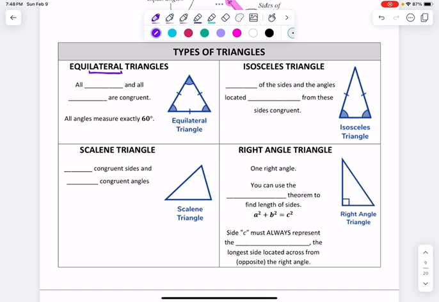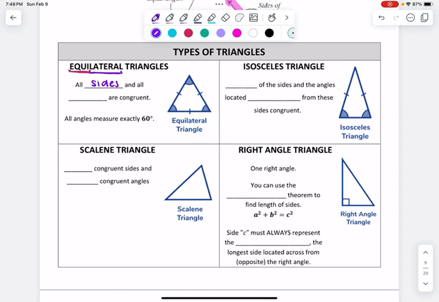So I might be doing a lateral arm raise, which means I'm lifting my arms to the sides of my body. If I'm doing a lateral jump, that means I'm jumping to the side. So lateral implies side, and equi sounds like equal. So an equilateral triangle means that all of my sides are going to be congruent or equal in measure.